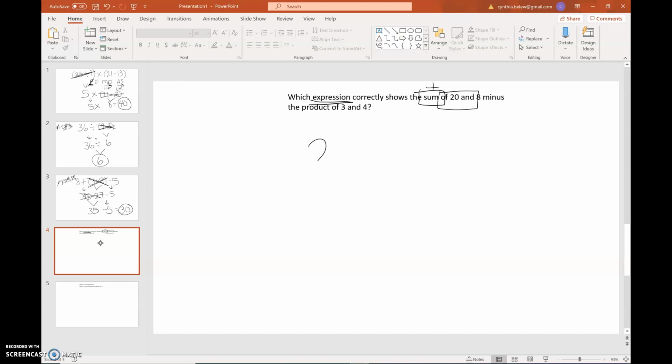So I know that I'm adding 20 and 8. Minus means subtract the product of 3 and 4. Product is a vocabulary term they are forgetting. Product means multiply. Multiply 3 times 4.